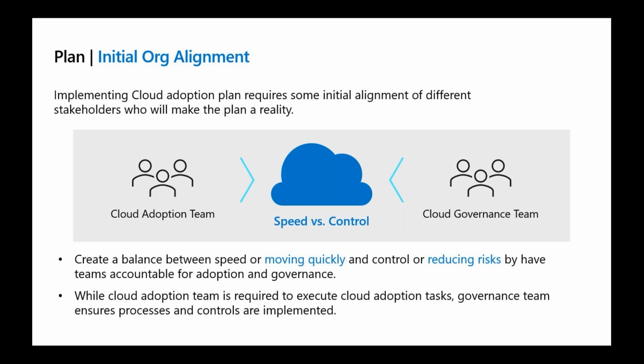Until you understand completely the people-related aspects, you can't have the organization migrated in the right way. The point is to create a balance between speed, moving quickly, and control, reducing risk.